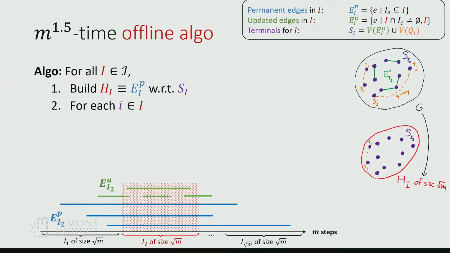Now for each step, small i, let's say you look at step i. I'm gonna create one graph, H_I prime. Okay. How does it look like?